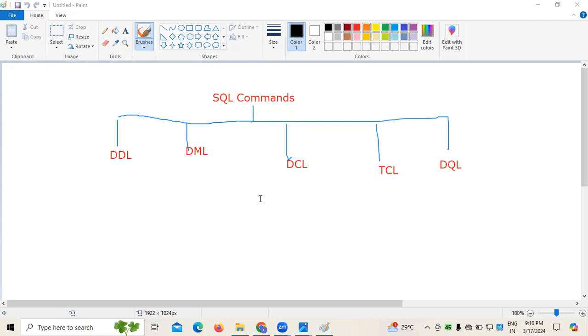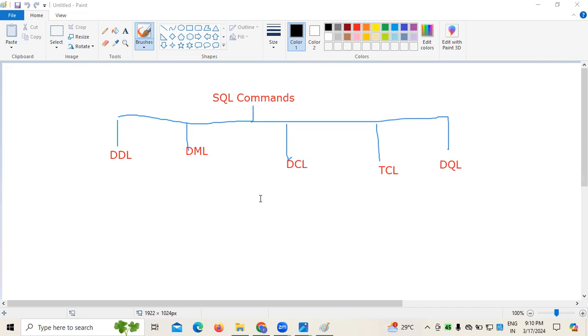DDL stands for Data Definition Language. This is being used to change the structure of the table which was created.